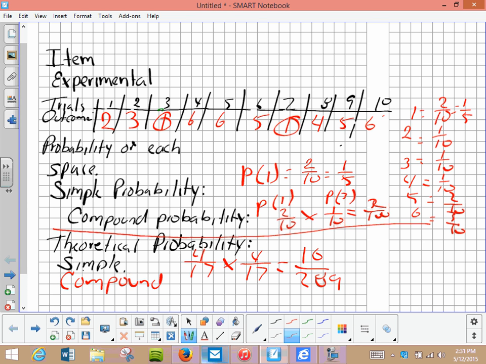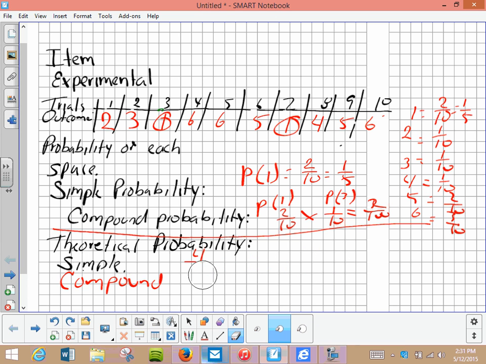I'm going to use a different one for the theoretical. Let's use yours. What do you have? You have blue, yellow, and red cubes, right? How many cubes do you have that are blue? 13 out of 35. And yellow? 12.